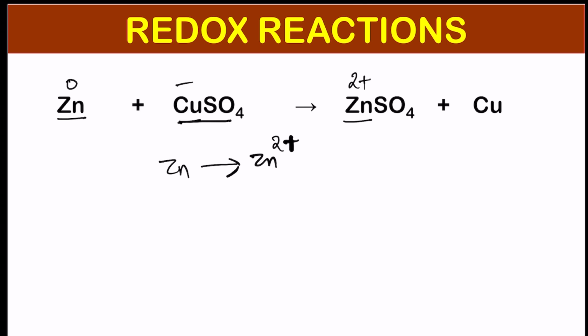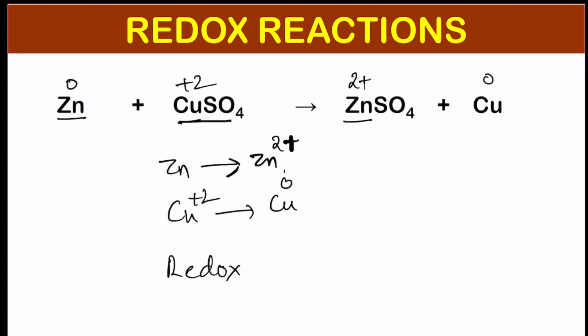Now copper on the reactant side is +2, and copper on the product side is 0. That implies Cu is changing from +2 oxidation state to 0. There is a decrease in oxidation state. It's undergoing reduction. So zinc undergoes oxidation, copper ions undergo reduction. Therefore, this is also an example of a redox reaction.